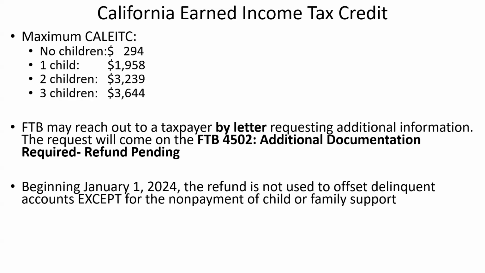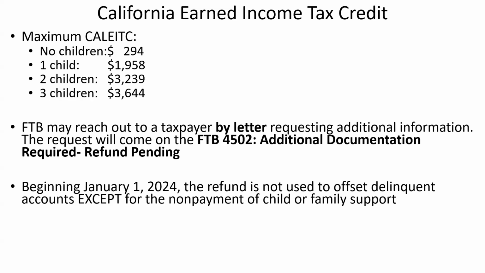And then the additional documentation, we talked about this. Sometimes the FTB is going to be sending out a letter saying, Dear taxpayer, we need additional information. And I'll be the first to admit, when I get a letter saying you need to provide information, it's frustrating because you've got to sit down and address it.